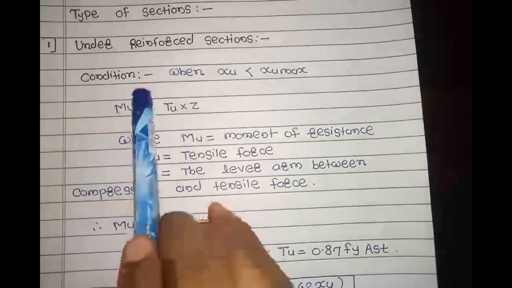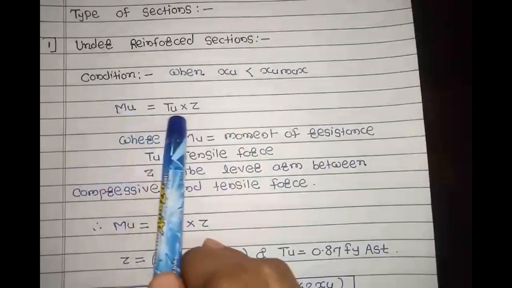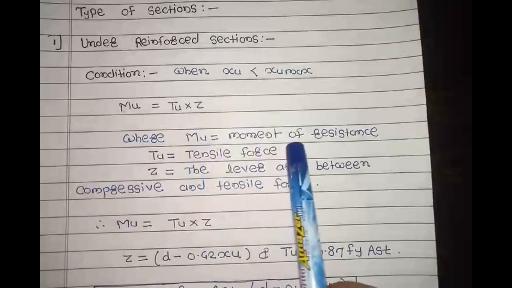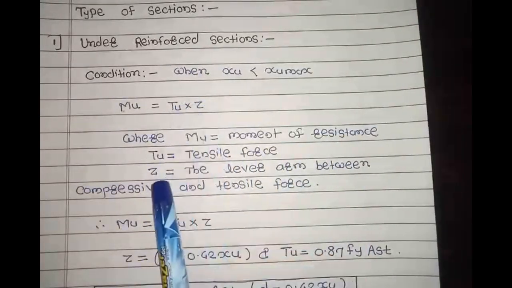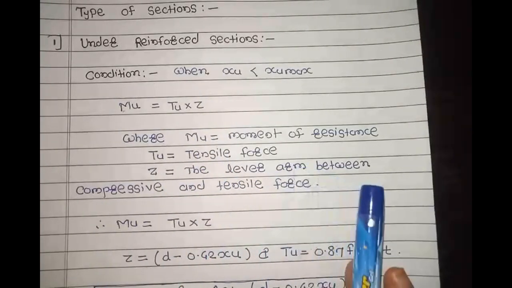Then moment of resistance for under reinforced section is Tu into Z, where Mu is the moment of resistance, Tu is the tensile force, Z is the lever arm between compressive and tensile force.